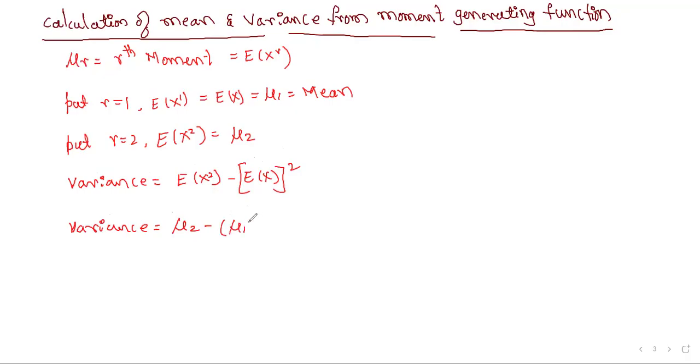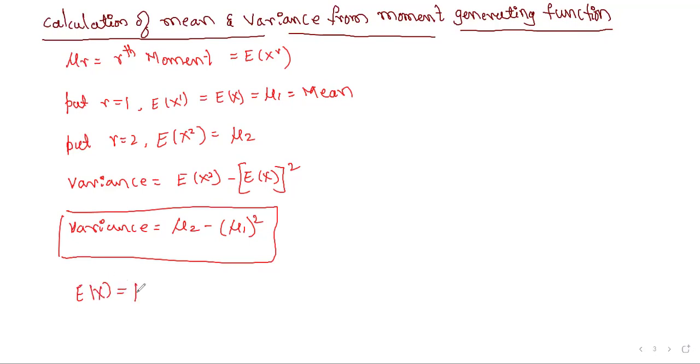This is the variance formula, and the expected value of x equal to mu 1 is the mean. This is the theory we are going to use in our methods.